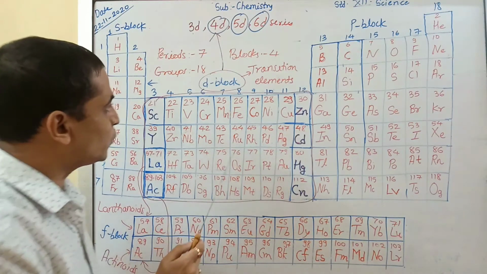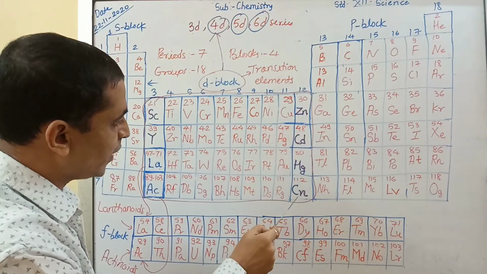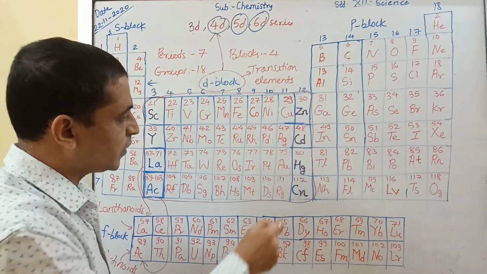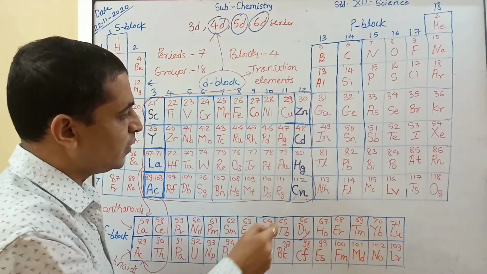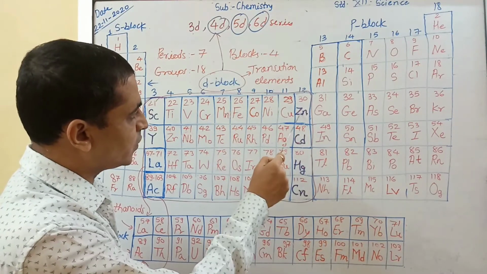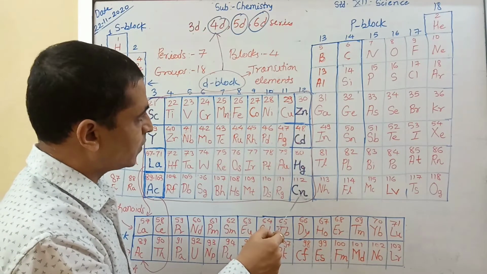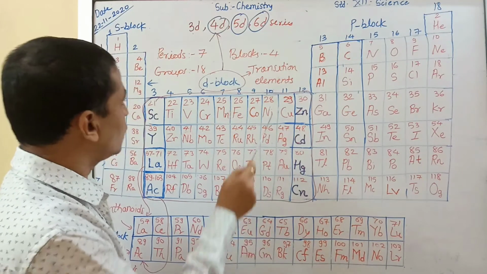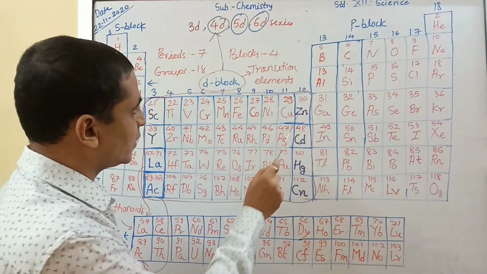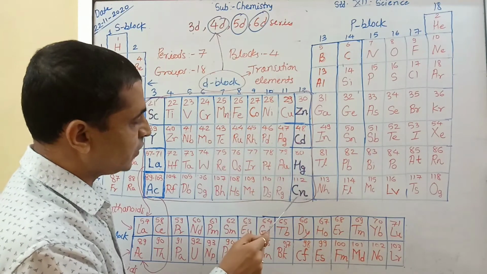Here one more thing I have to tell. Zinc, cadmium, mercury and copernicium do not contain an incompletely filled d subshell in their elementary state or ground state or in ionic state, but they show properties similar to all these elements, and therefore they are studied under d block elements as well as under transition elements.